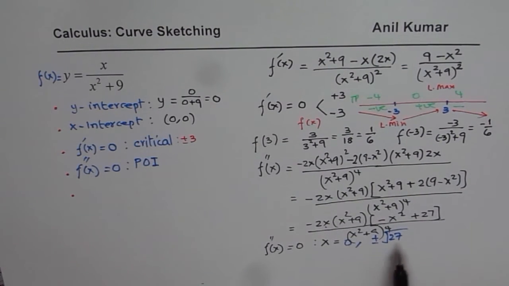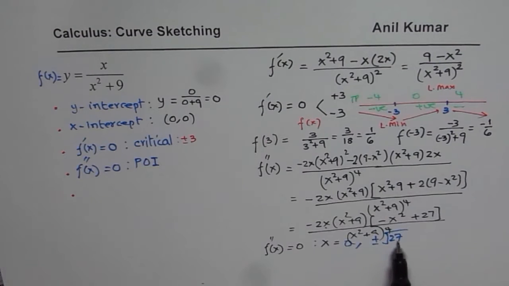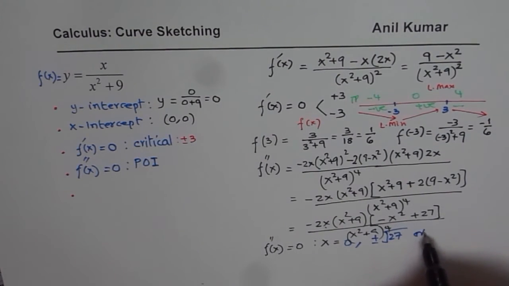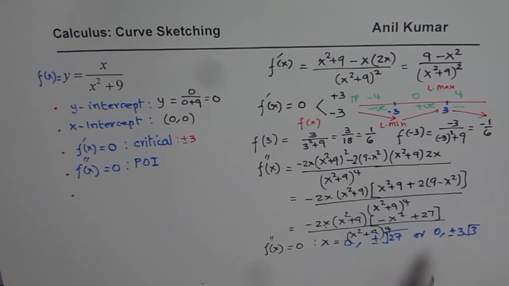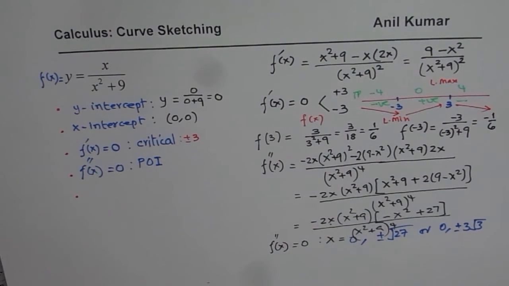Of course, square root of 27 can be written as 3 square root 3, right? So we can say at 0 and plus or minus 3 square root 3, right? So that is square root 27. So these are the 3 points where we could have a point of inflection, right? So let us test them out.